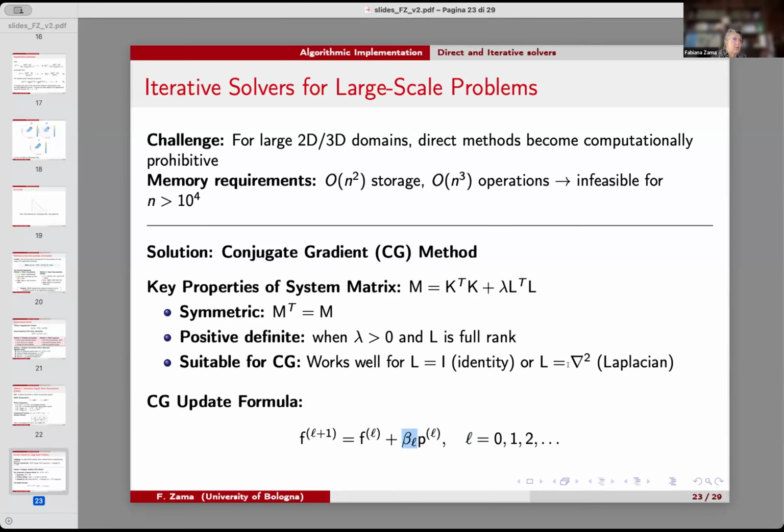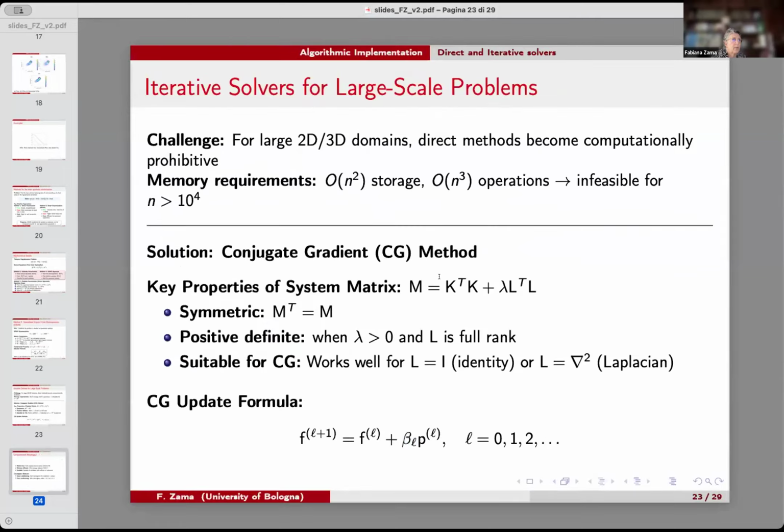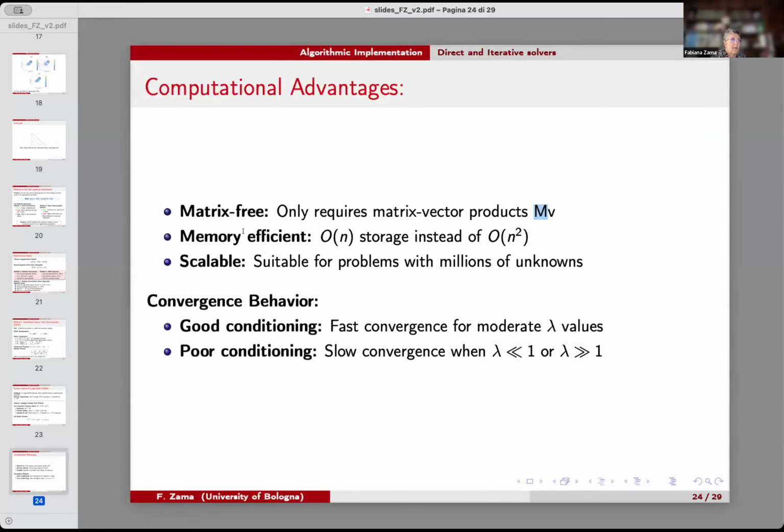Since we have this matrix M, we don't need to form the matrix M, but we only need to be able to multiply the matrix K times a vector, the matrix L times a vector, and their transposes. So we can implement it in a very efficient way, in a matrix-free manner, using what M has, K and L.